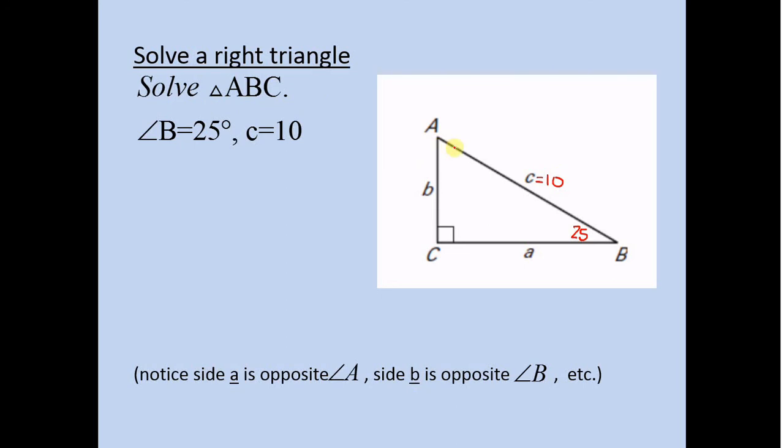I know that all 3 of these angles together add up to 180, right? Right now I have 90 plus 25. I have 115 of that 180.